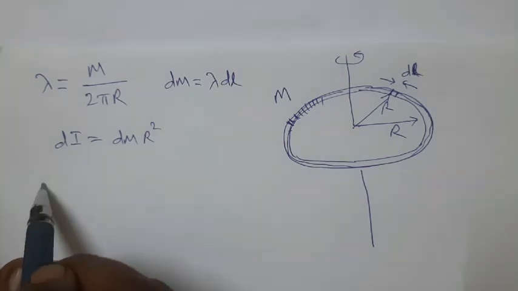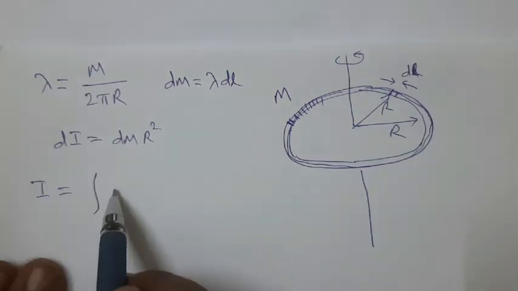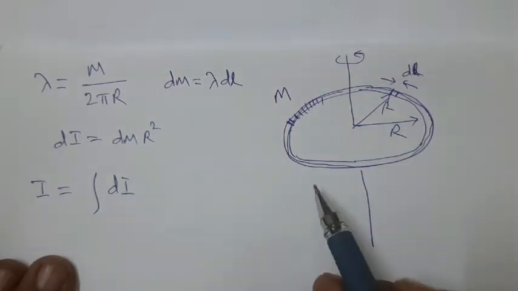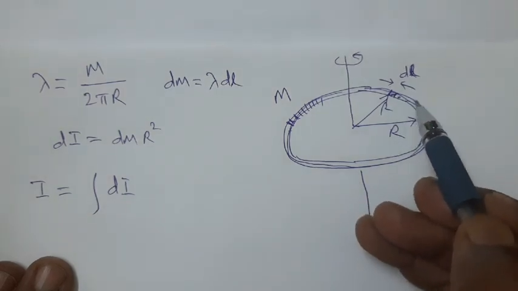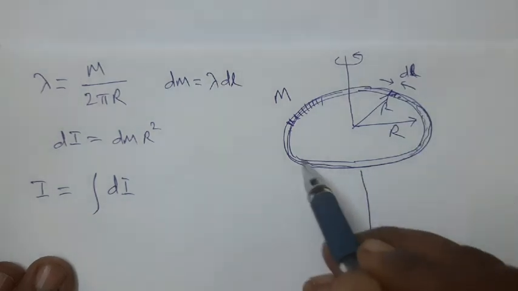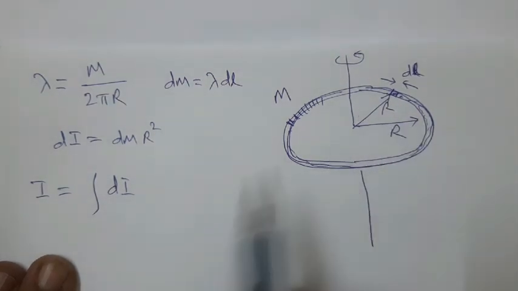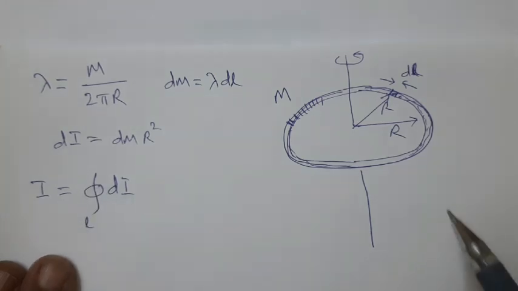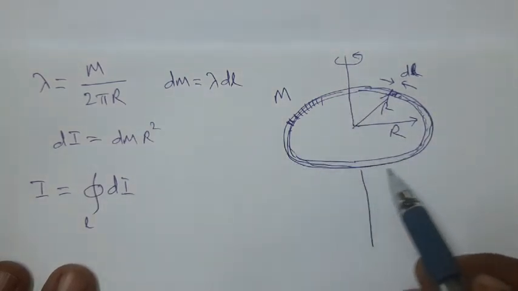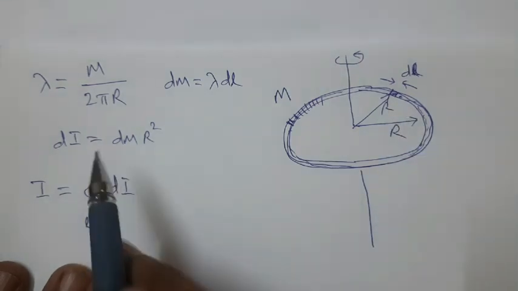Now, what is the total moment of inertia of this ring? I will have to integrate over dl, from one element, second element, third element, and so on up to the last element. And therefore here there is no need to change a particular variable, but it is a closed integration over L. We are not changing L from a particular lower limit to a particular higher limit.